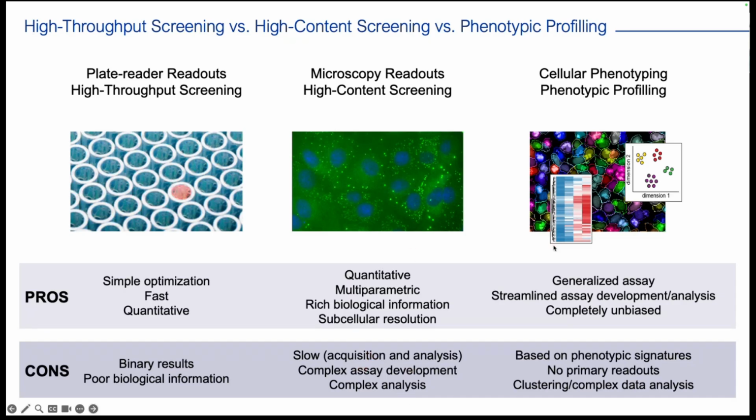Then there is another category of screenings in which we don't really have a primary readout. Here we can screen for specific readouts, for example morphology of the cells, proliferation, or translocation of a particular transcription factor or molecule. Here the idea is different.